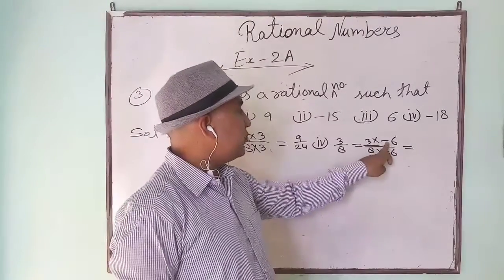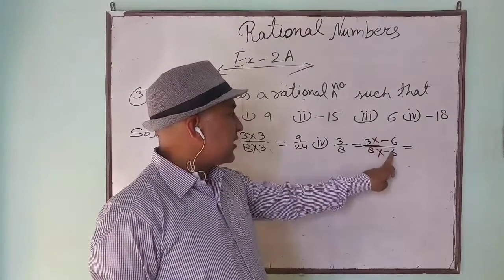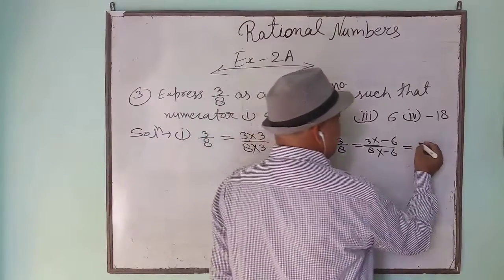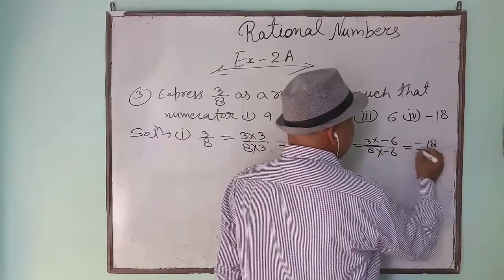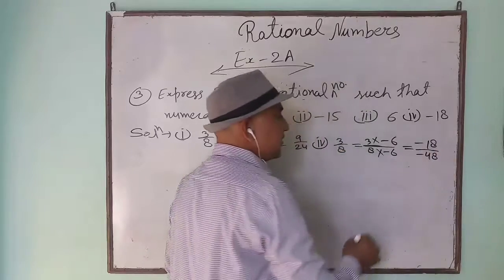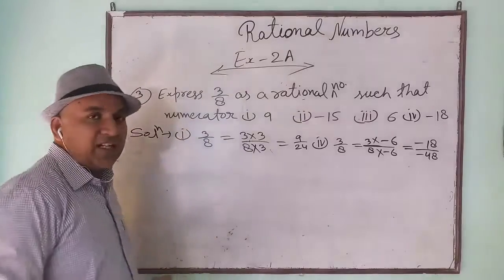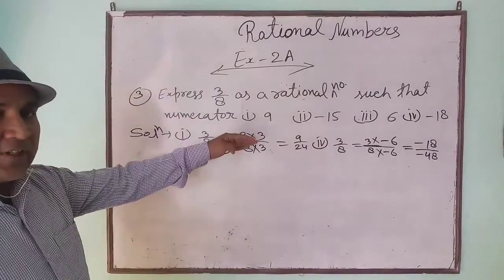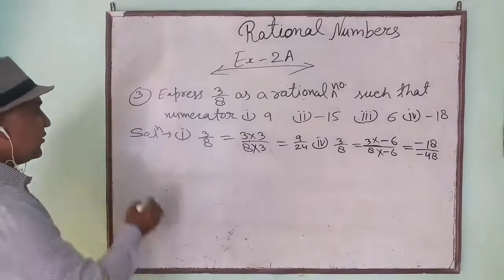That means whatever you are multiplying in numerator, the same number should be multiplied with denominator also. Now calculate your answer. 3 into 6, 18. And 8 into 6, 48. That means your answer is minus 18 upon minus 48. Is this clear? As we are changing numerator, we can change the denominator also.